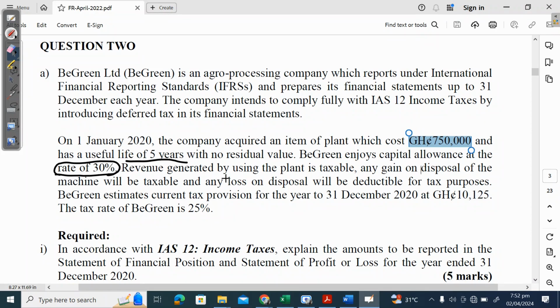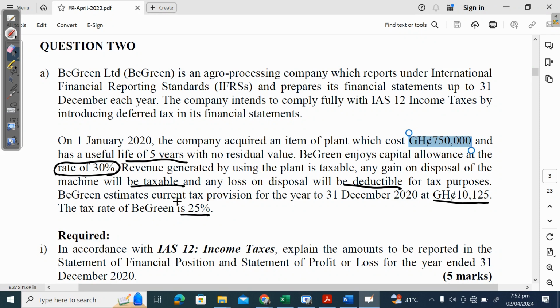Any gain on disposal of the asset will be taxable, and any loss on disposal will be deductible for tax purposes. The current tax provision for the year is 10,125 and the tax rate is 25%. So we need to determine the income tax expense for the year based on the information we have been given.